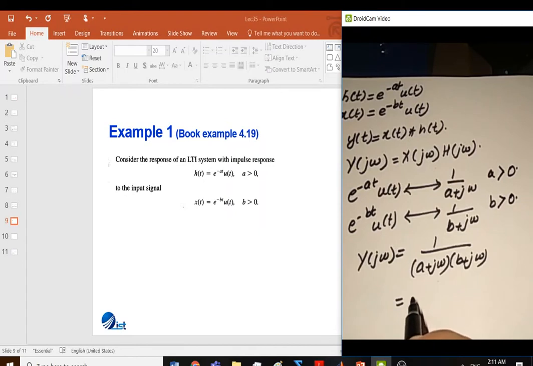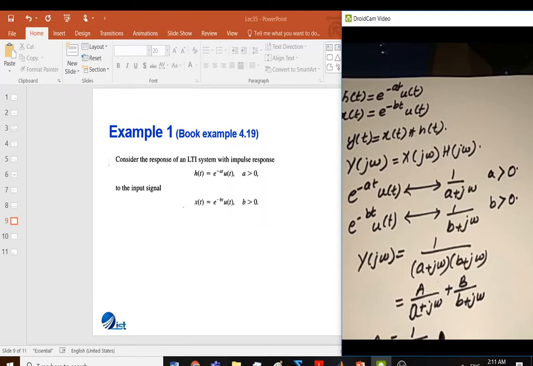So this is A by a plus j omega plus B by b plus j omega. Once we solve these through partial fraction expansion, we'll get A is equal to 1 by b minus a and B equal to minus 1 by b minus a.